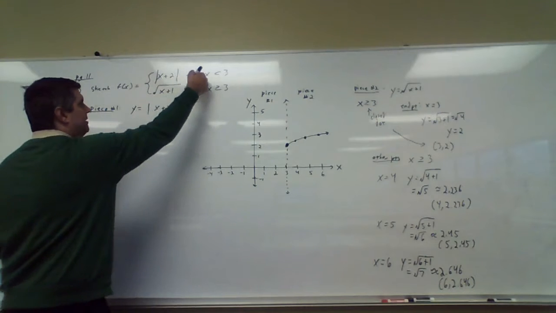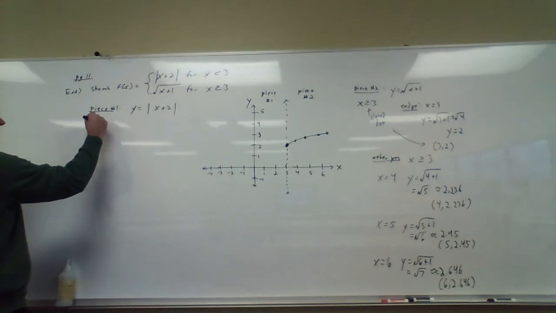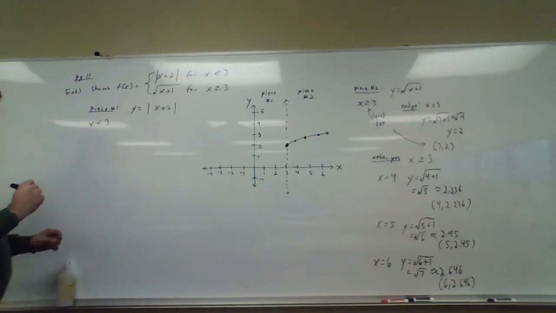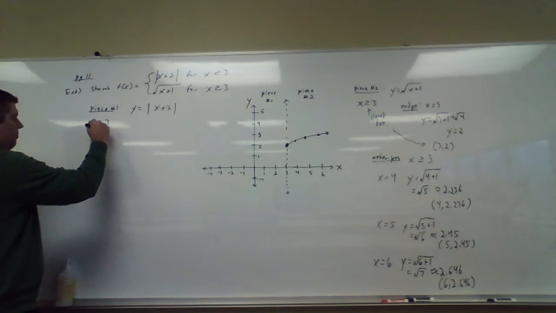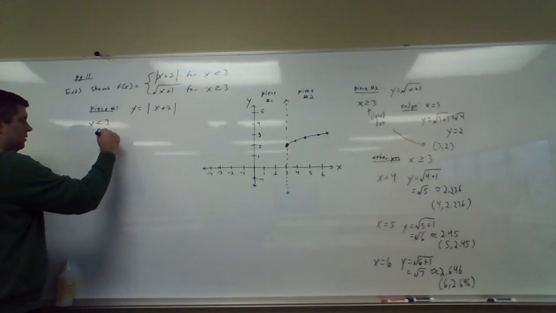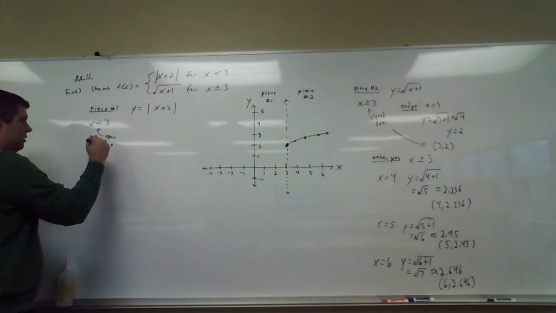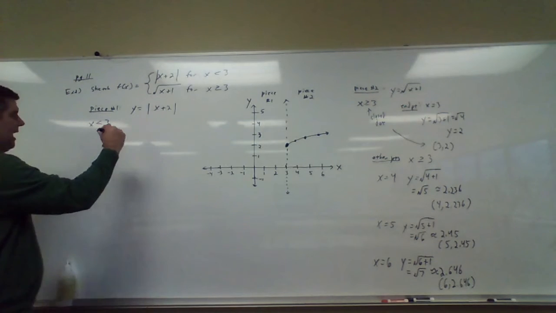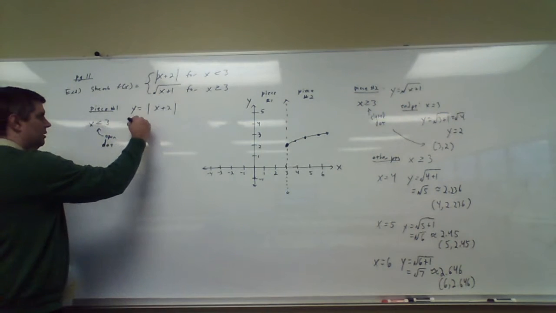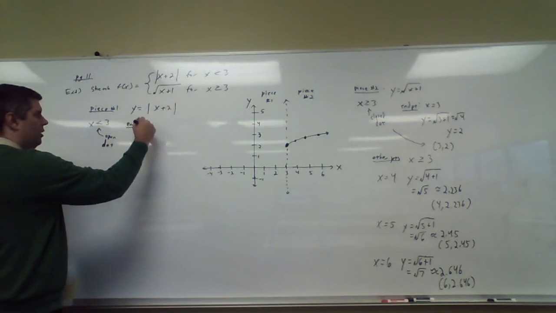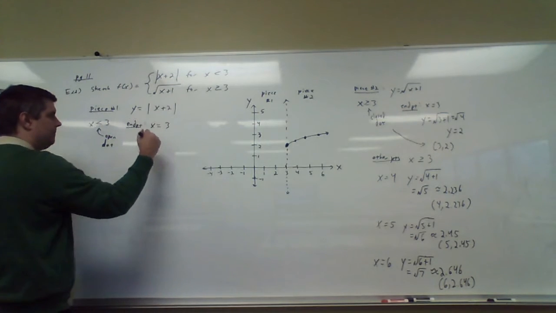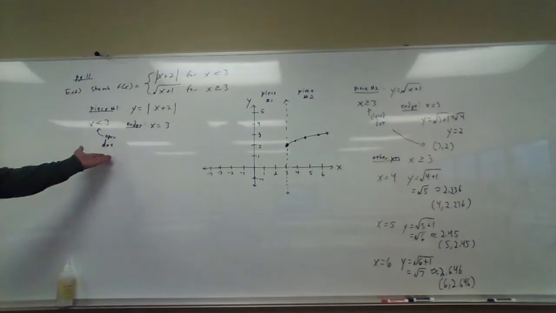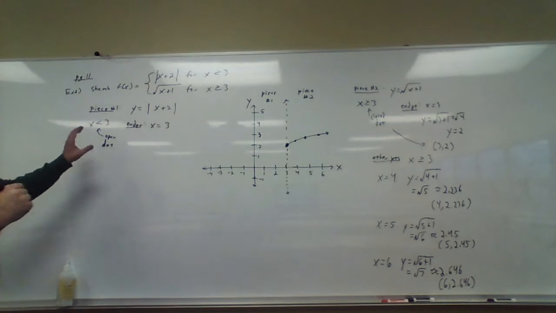And the rule for piece number 1 is x has to be less than 3. It's not "or equal to," so it's going to be an open dot. The endpoint for this is going to be x equals 3.